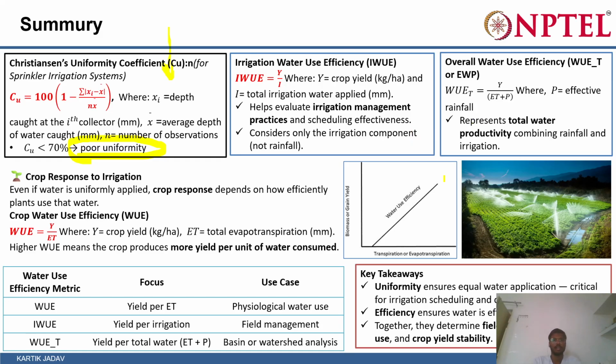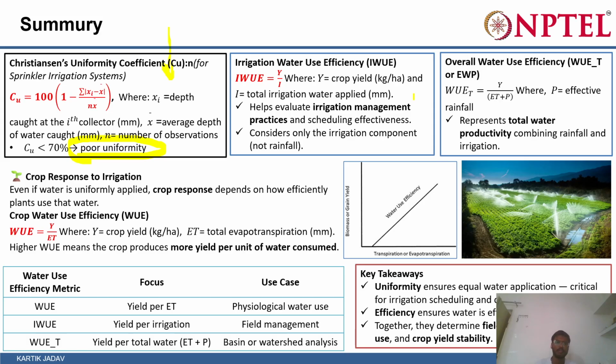Then after that you have crop response to irrigation. Even if water is uniformly applied, crop response depends on how efficiently plants use that water. For that, we have different kinds of efficiency.